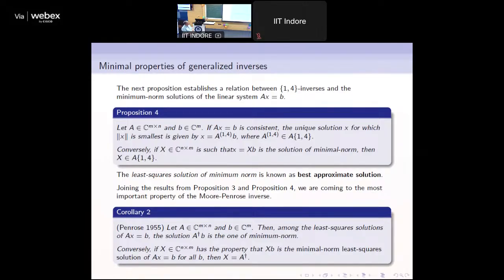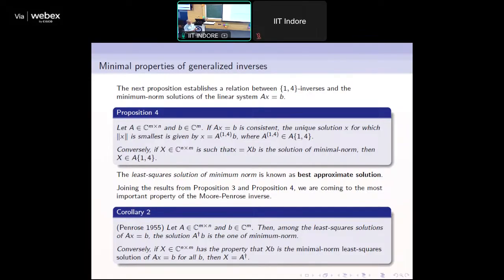The minimum norm property is related with {1,4} inverses. If we have a solution of minimum norm, this solution is related with {1,4} inverses. And if we take a solution defined by a {1,4} inverse, then we will obtain the minimum norm solution.